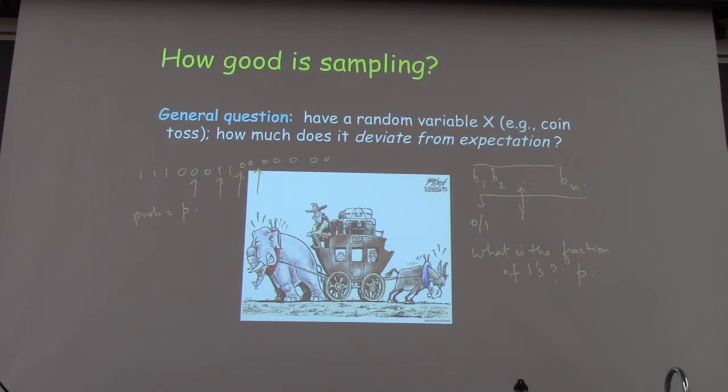And that gives a good estimate for the fraction of things that are 1 in the full array. So the question we want to understand is, how many do you sample? How many independent samples do you take? And secondly, suppose you take a given number of samples, what guarantee do you get on the accuracy of the solution you find? Is this question clear?